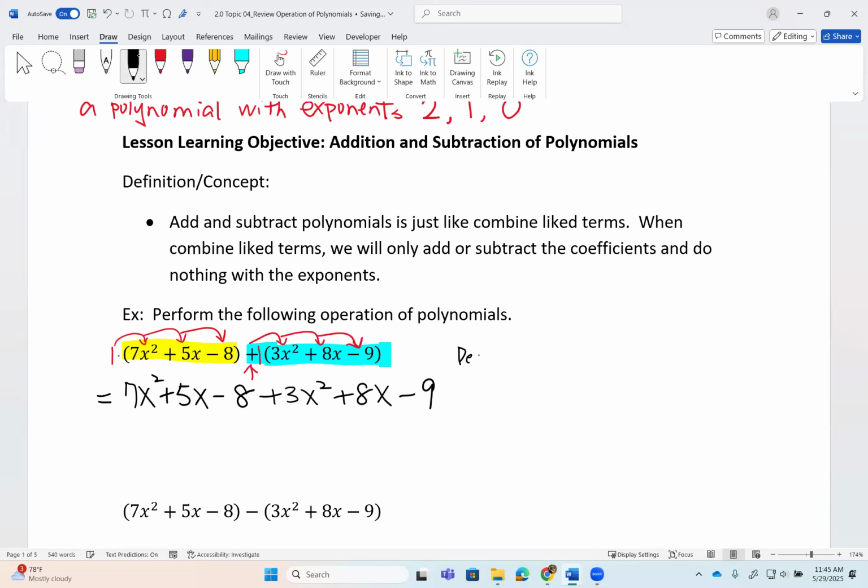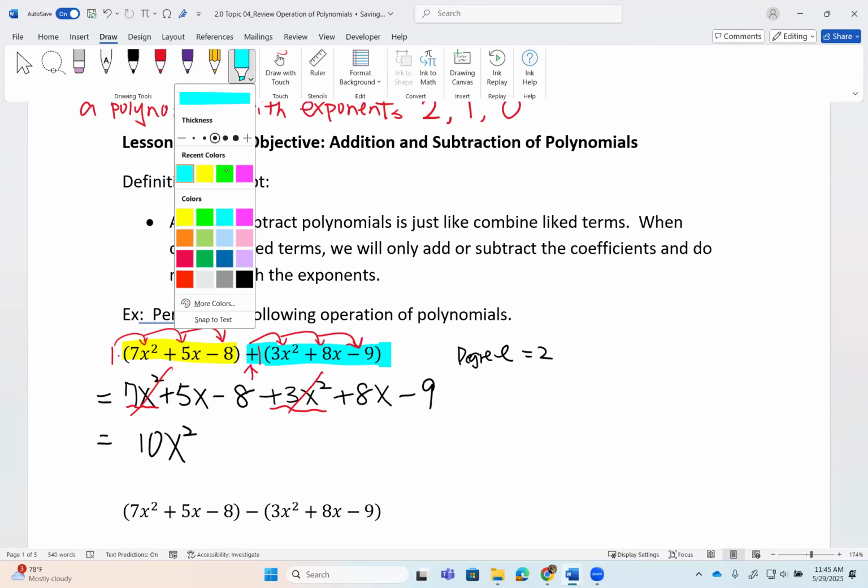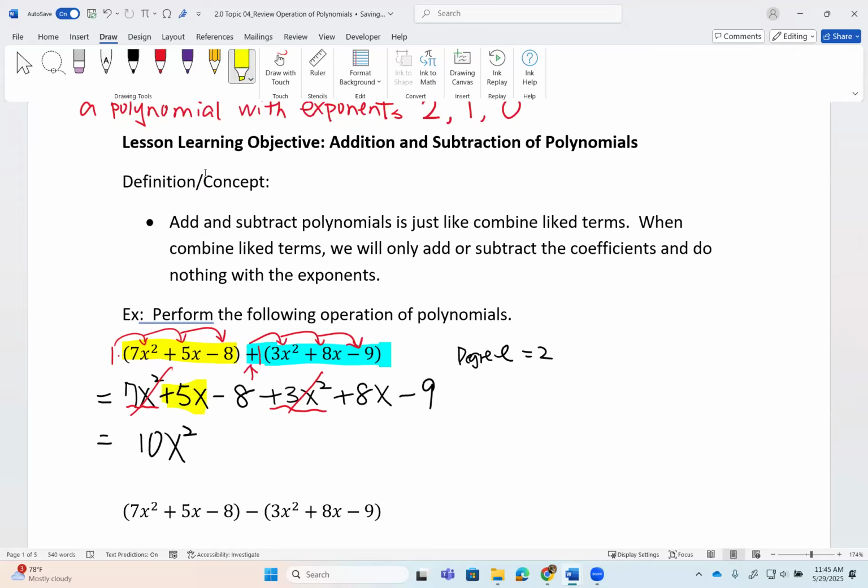The degree, the highest exponent, is 2, right? So that tells me the second power has to be the first term I combine. So combine like terms, 7x squared plus 3x squared. That should give me 10x squared. Combine like terms, 5x plus 8x.